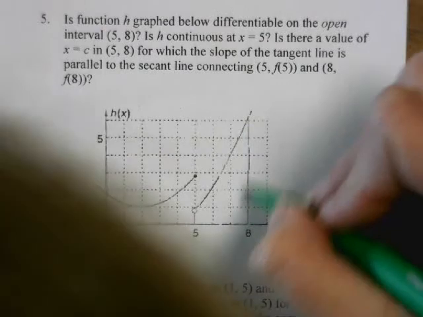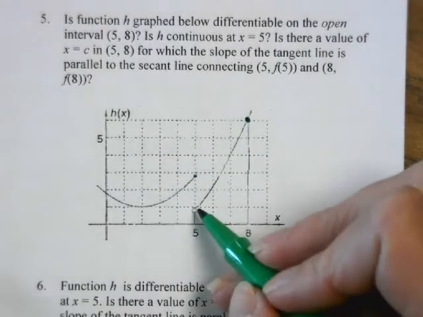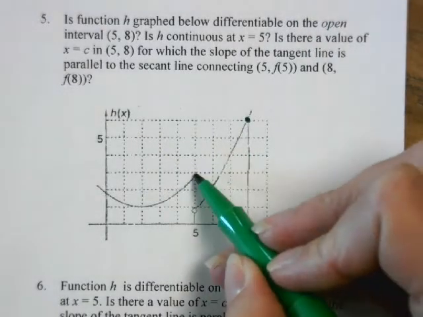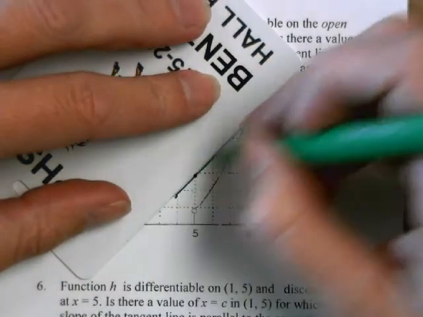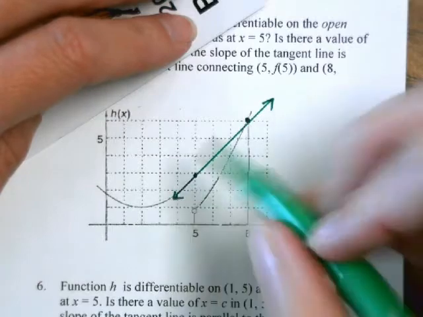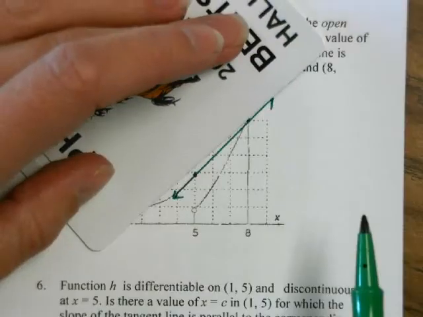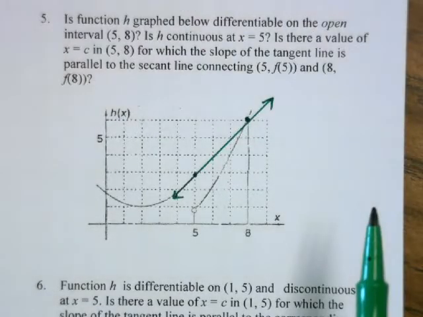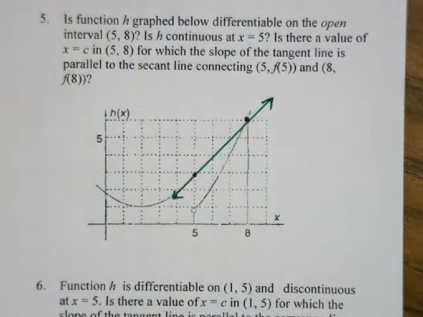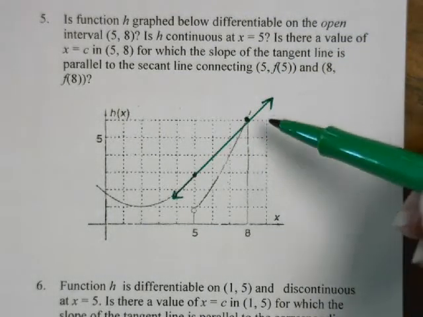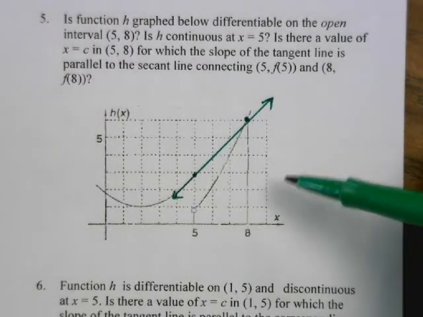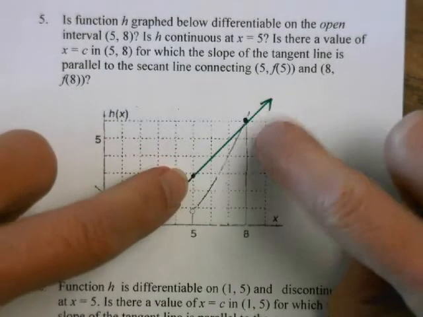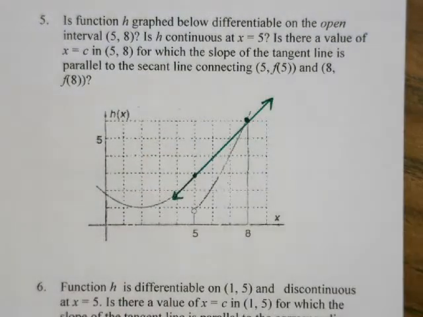Okay, well here's 8. And 5, oh, no, there's f of 5. So the secant line is that. So is there a point here where that slope is equal? No, there is not. Okay, so it is differentiable on the open interval, so that part's fine, but it is not continuous, and it must be continuous on the closed interval for this very reason.